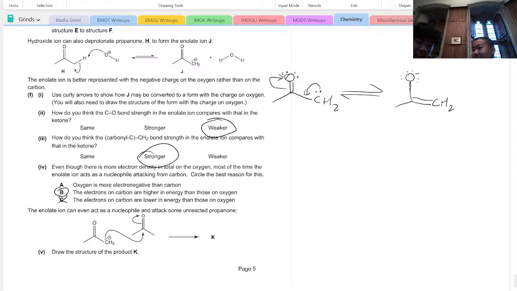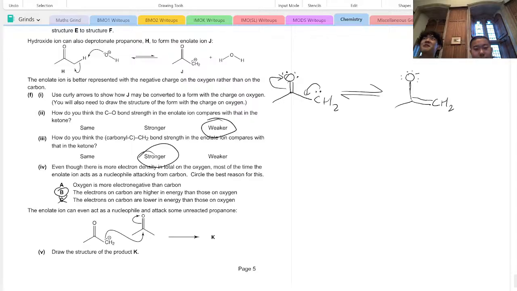Can you provide better logic? The electrons on carbon are higher in energy than those on oxygen. But why? Because carbon is less electronegative than oxygen.